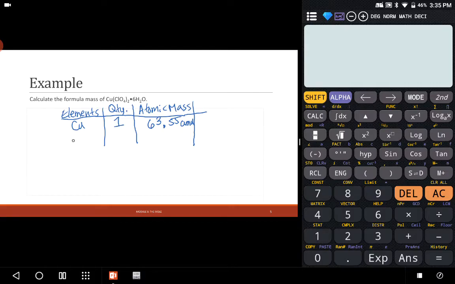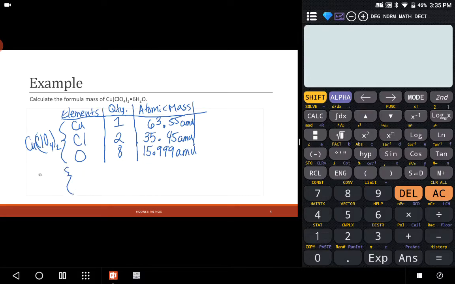And then I have chlorine. That 2 subscript distributes in, so that means I have 2 chlorines. Each chlorine weighs 35.45 AMU on average. Oxygen, that's going to mean I have 8 oxygens from the Cu(ClO4)2, and each oxygen is 15.999 AMU.